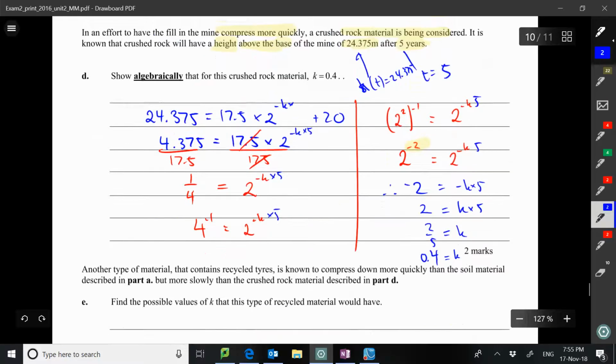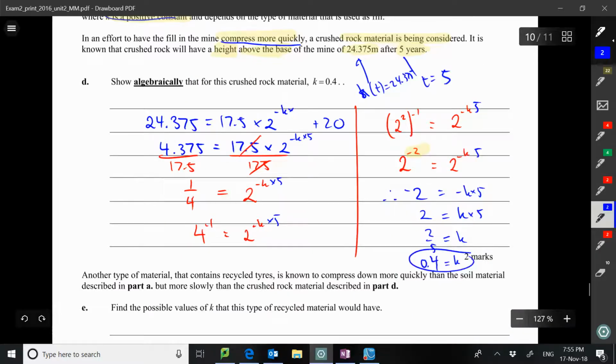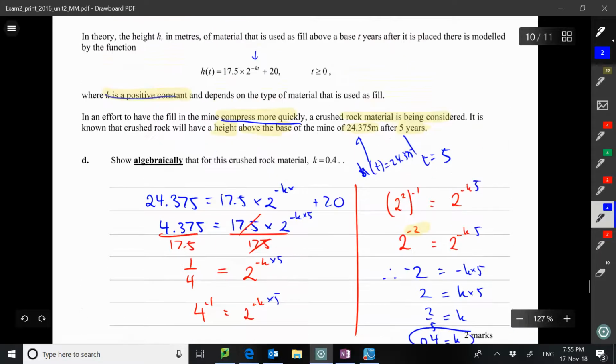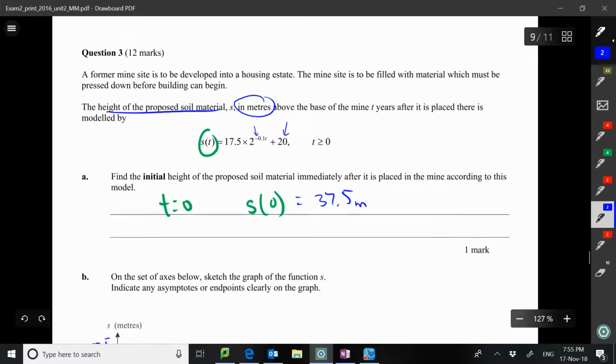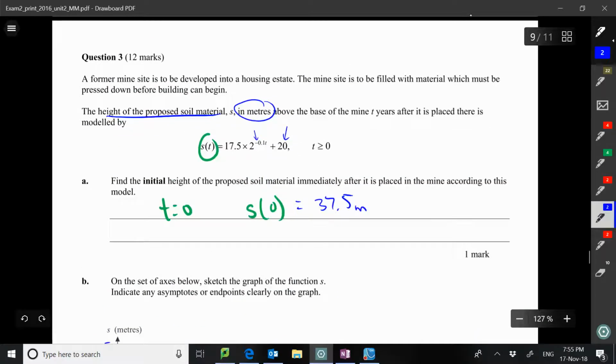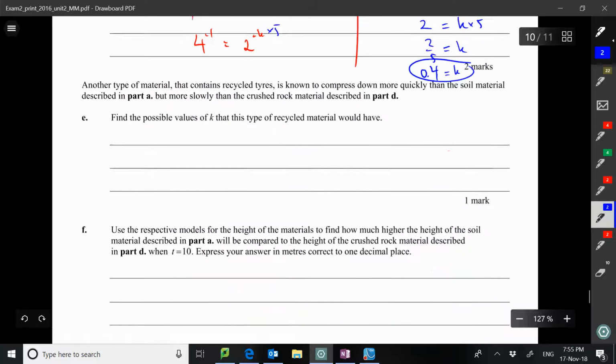And this is the interesting thing. Remember, to compress more quickly, k had to be 0.4, right? And it had to be crushed rock. Whereas when k is 0.1, then I think that's the norm. So it was 0.1 to 0.4.